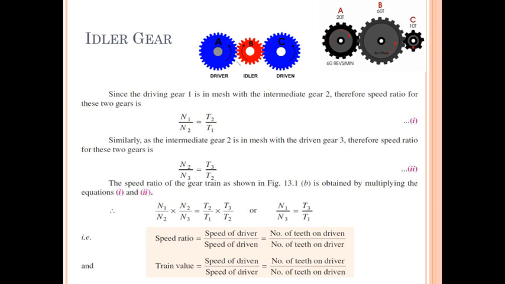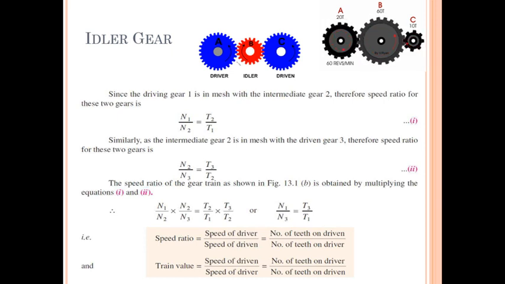Therefore, multiplying the first equation and second equation, we will get the velocity ratio for this total gear train having 1, 2, 3 gears. It will be n1 upon n2 into n2 upon n3 is equal to, in terms of teeth, t2 upon t1 into t3 upon t2. Therefore n2 will get cancelled, t2 will get cancelled, and remaining will be n1 upon n3 is equal to t3 upon t1.